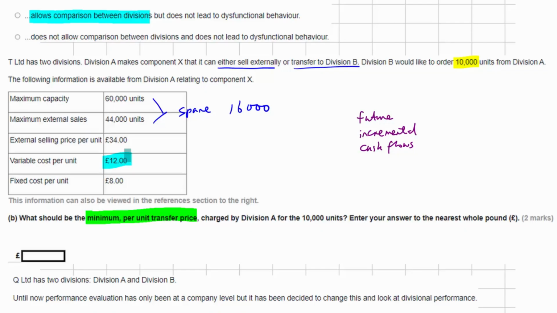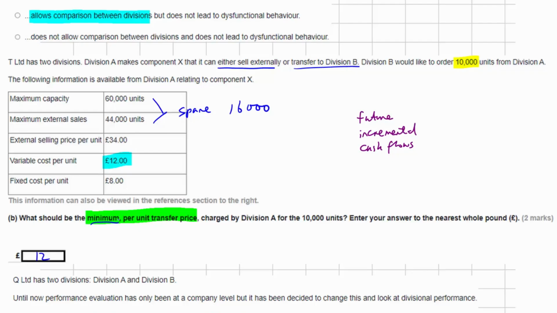But what about the fixed costs? Well, that's not incremental to our decision, is it? We'd have to spend that money anyway. So that shouldn't be part of our decision-making process. So our answer is that we should charge them a minimum of £12 to cover our variable costs. Now we might charge them more, and that's something that will need to be negotiated between the two divisions. But as long as we are covering our costs, then that would be fine.